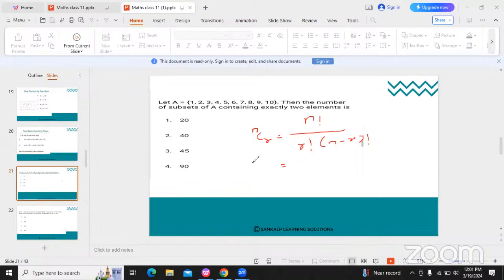It is nothing but what? 10C2. The number of elements are how many? From 1 to 10, 10 are there. And the subset of A containing 2 elements we want, so r is equal to 2. Substitute n and r. Try to get the answer in a quick manner, fast.